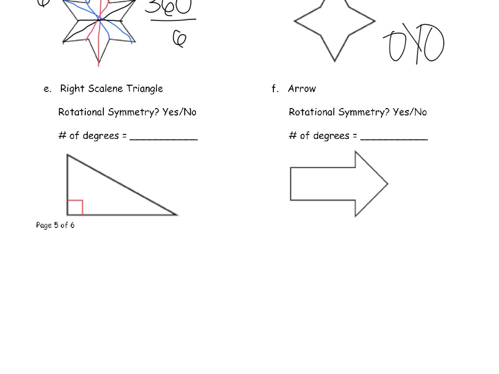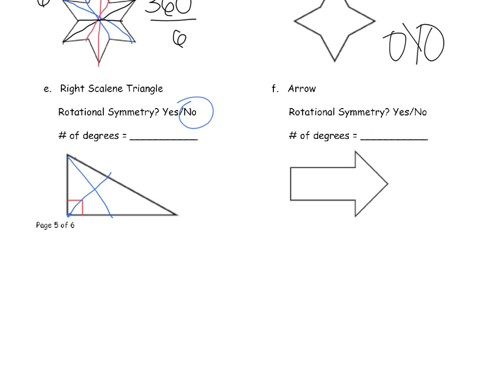So let's move on to the right scalene triangle. You can't really draw one line of symmetry from one vertex to another, so that's a no. I can draw that line or this line, but they're not going into a vertex, so that doesn't work.